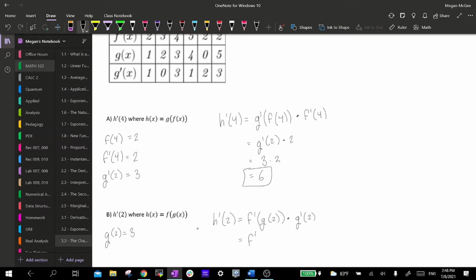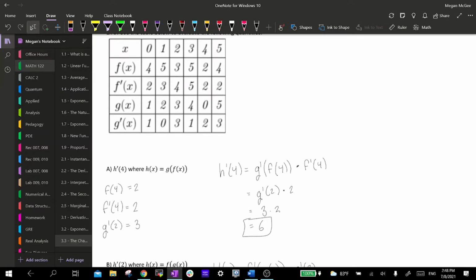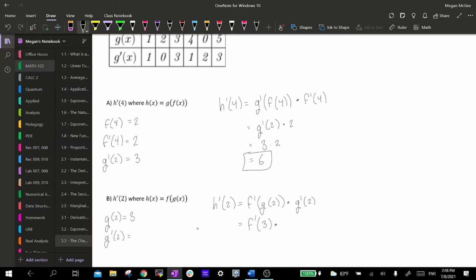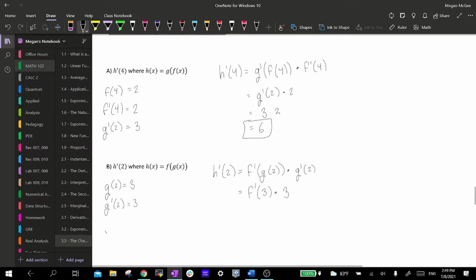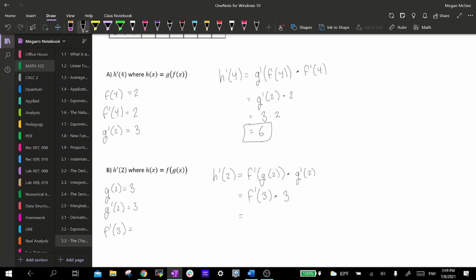So we have f prime of 3 times, well, g prime of 2 is also 3, based on our table. Alright, so f prime of 3 times 3. So f prime of 3, our table says 5. So we end up with 5 times 3, so we get 15.